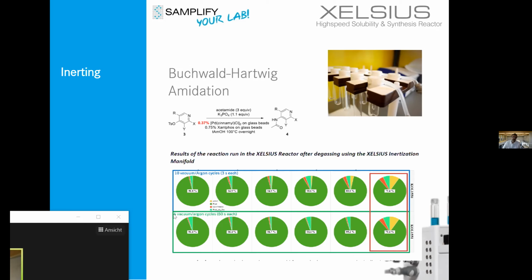And when you do it with 4 times vacuum with 60 seconds for each step, you come up with a very good result, higher than 94% in general. So you can see that with some setup and some tools, you can improve your yields only by the instruments and the accessories you are using for your reactions.